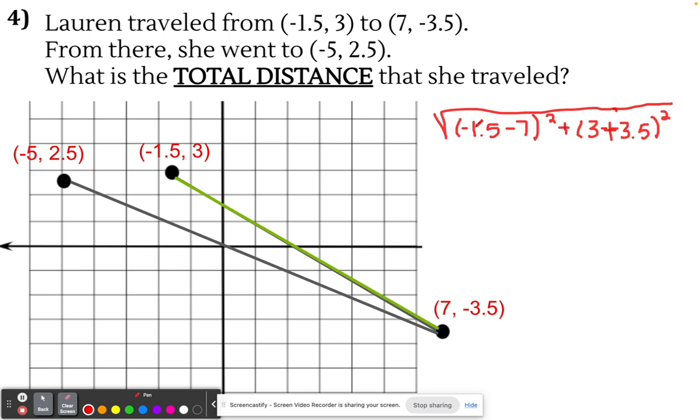So, negative 1.5 minus 7 will give me negative 8.5 to the second power, plus 3 plus 3.5, that's 6.5, also to the second power.